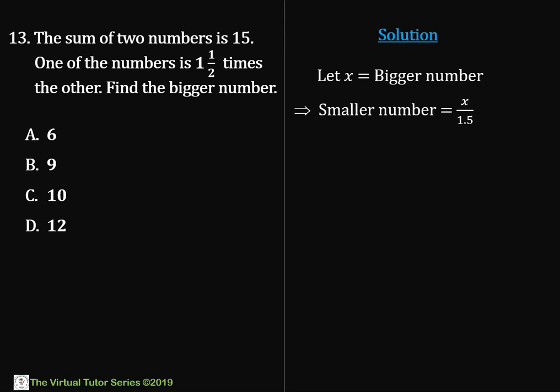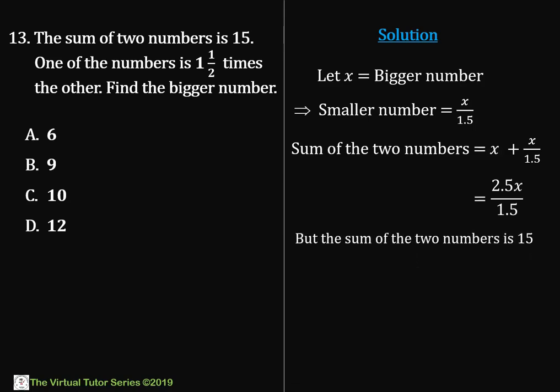Summing these two numbers up, we have x plus x over 1.5, which is 2.5x over 1.5. However, we are told that the sum of the two numbers is 15. This implies that 2.5x over 1.5 is equal to 15.